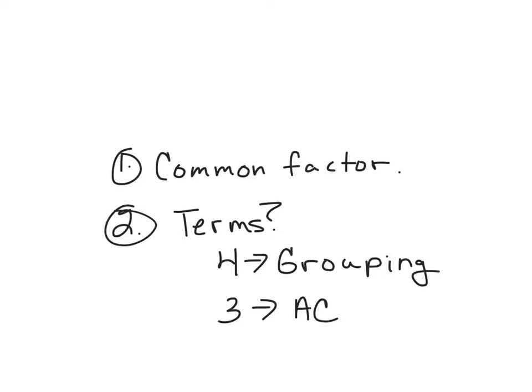Now, here's what we're going to do moving forward. The next section is also going to be about 3 terms. So we're going to look at a special situation with the AC method. That'll be on Monday. And then we'll look at a section where we have 2 terms. How do we factor something with 2 terms? We'll have 2 different ways of doing that.